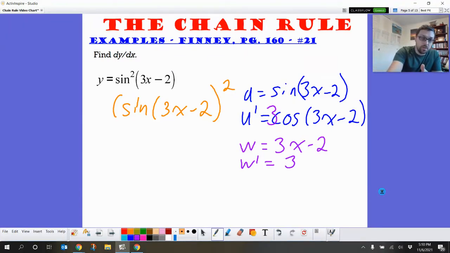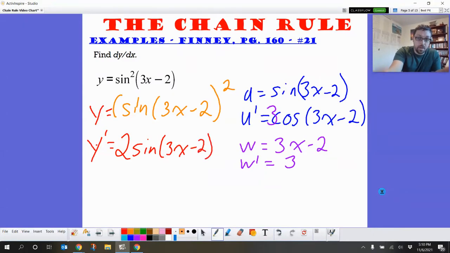And then when we do our proper y prime over here, this is just y. So y prime is going to be 2, doing the derivative of that squared, sine of 3x minus 2, multiplied by all of this stuff.